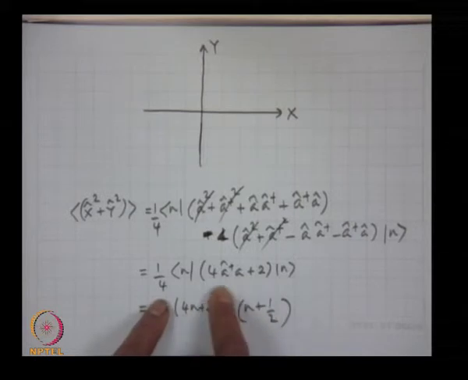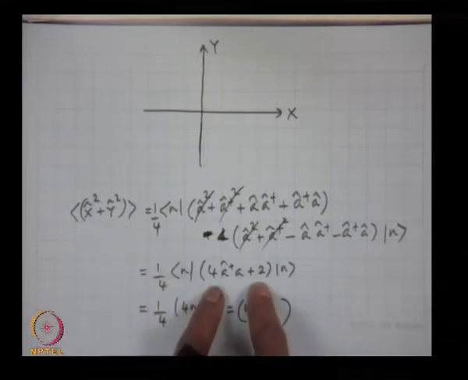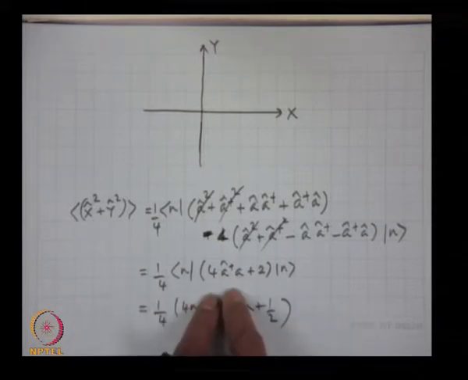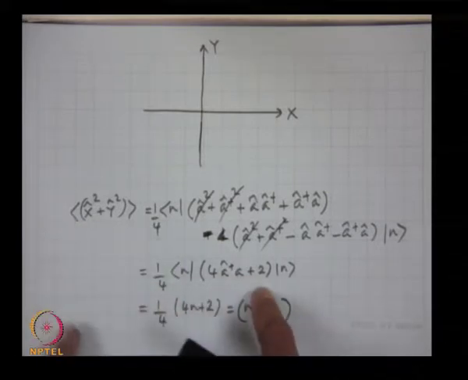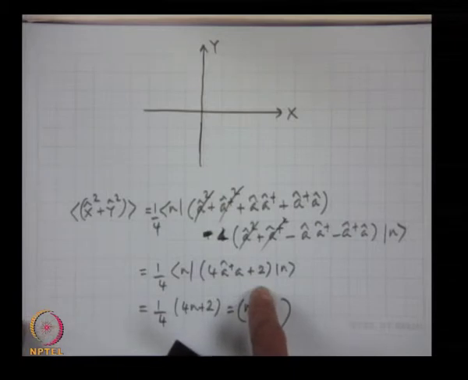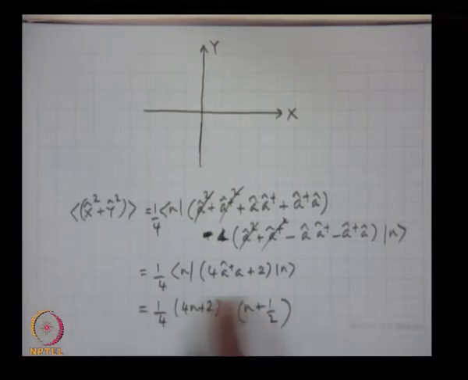Because the x square plus y square operator is 4 times a dagger a plus half, if I take the 4 inside, x square plus y square operator is a dagger a plus half, and the Hamiltonian is h cross omega into a dagger a plus half. So the Hamiltonian is related to x square plus y square. X square plus y square is an operator which is related to the Hamiltonian. The Hamiltonian is h cross omega into the x square plus y square operator.